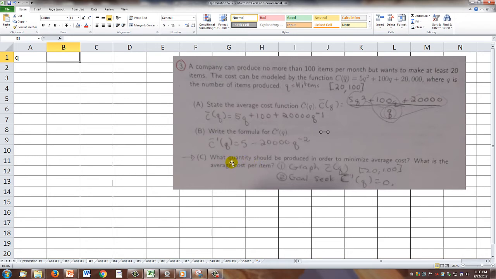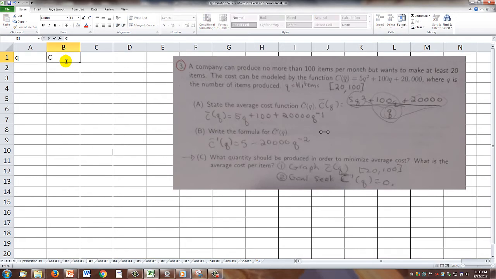So we really only need the average cost function. You don't even need the total cost function. So you have to think about what the question is asking and which function is going to provide you with the information you need. This original function would give you the total cost, and nobody's asking about that. So I'm not going to even graph it.